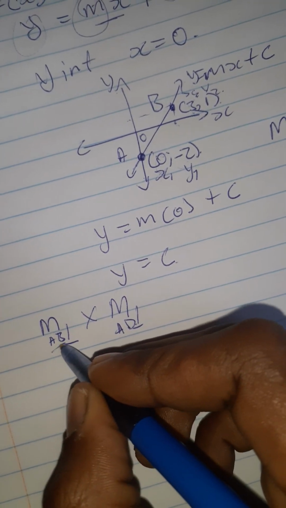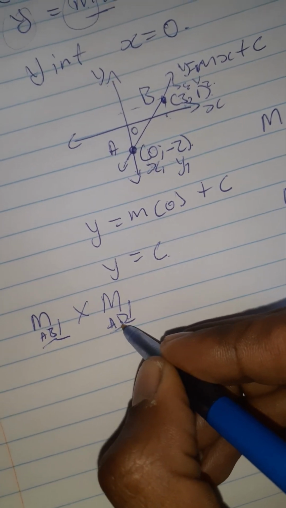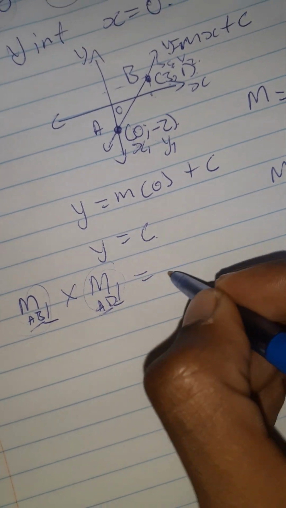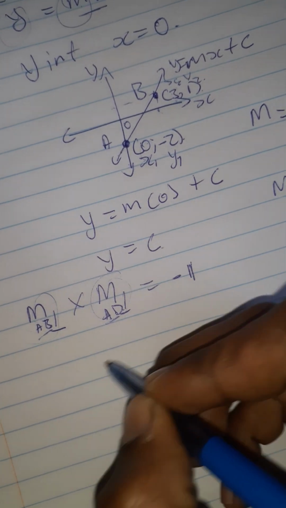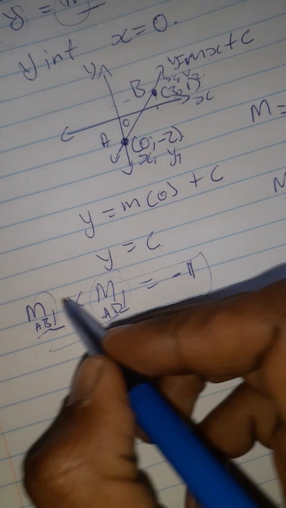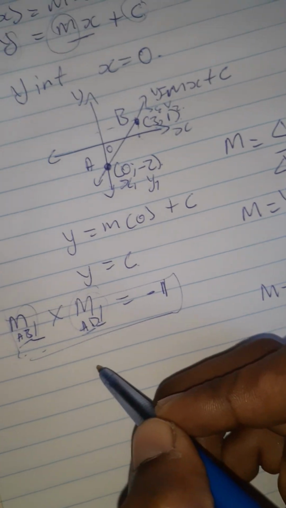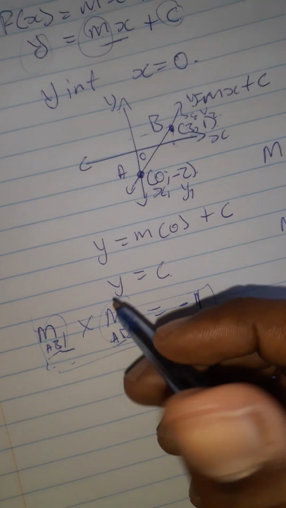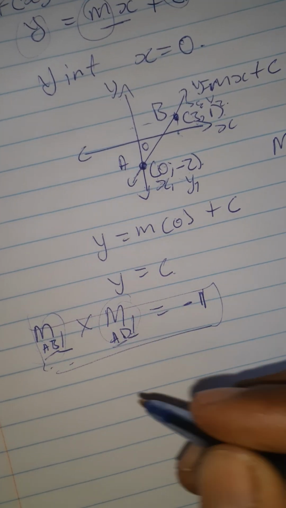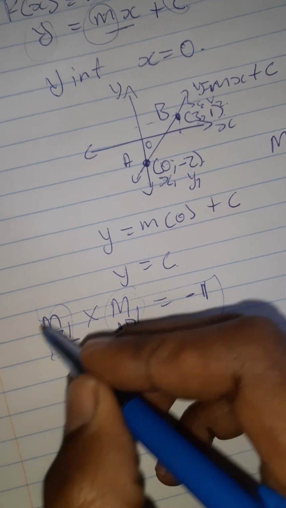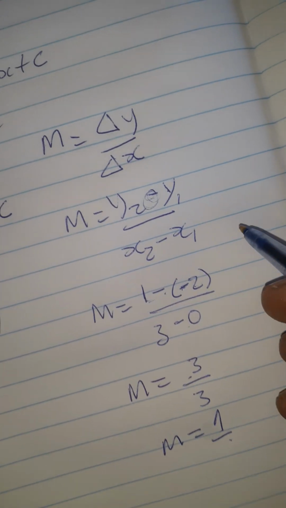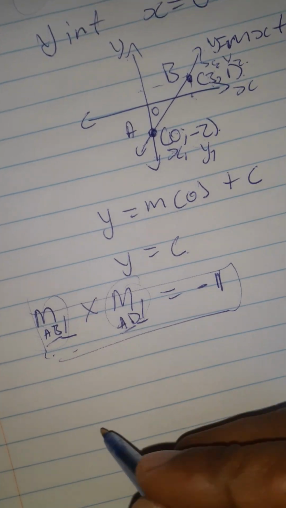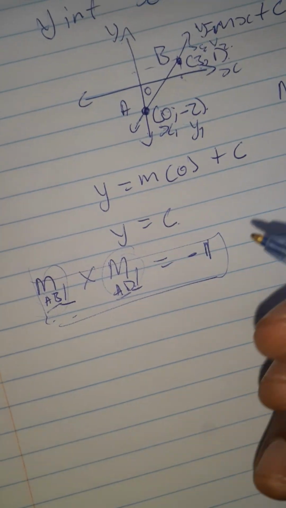When line AB is perpendicular to AD, the product of these gradients is going to be -1. So you may utilize this formula to find unknown coordinates if you come across questions that require you to solve for unknown coordinates, where you can substitute into the formula change in y over change in x, then simply look for your unknown coordinates.